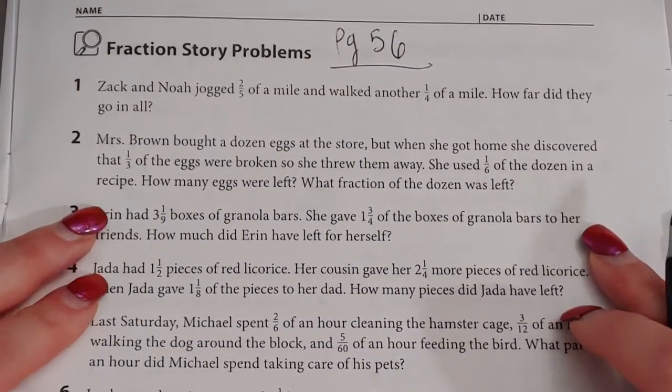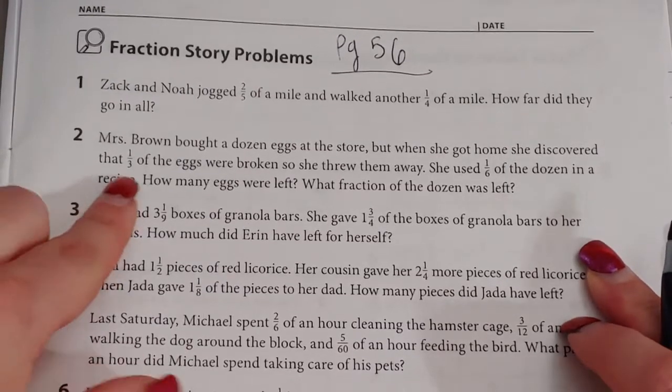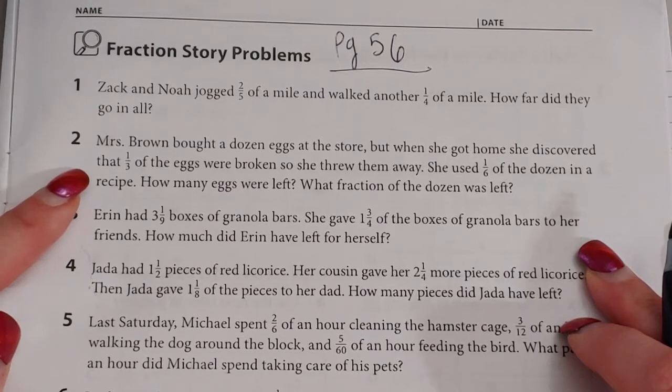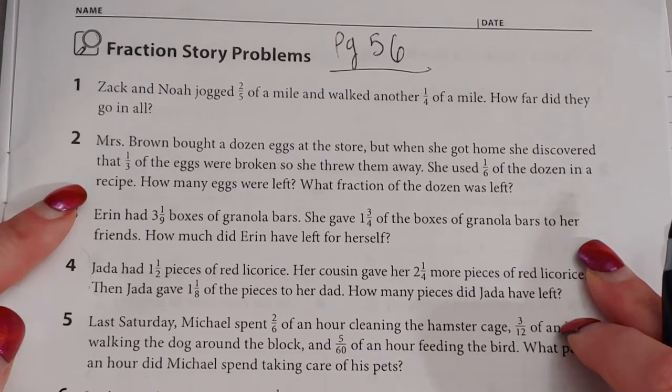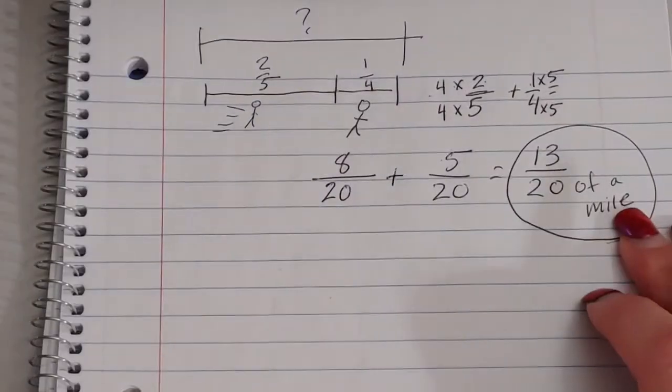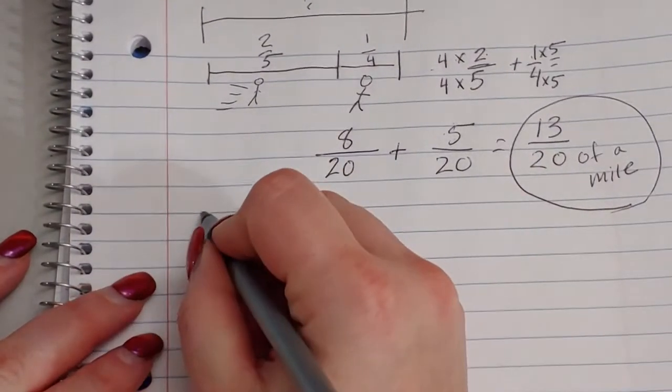Okay, so take a look at the next one here. Mrs. Brown bought a dozen eggs at the store, but when she got home, she discovered that 1/3 of the eggs were broken, so she threw them away. She used 1/6 of the dozen for a recipe. How many eggs were left? What fraction of the dozen was left? Okay, so she has eggs.